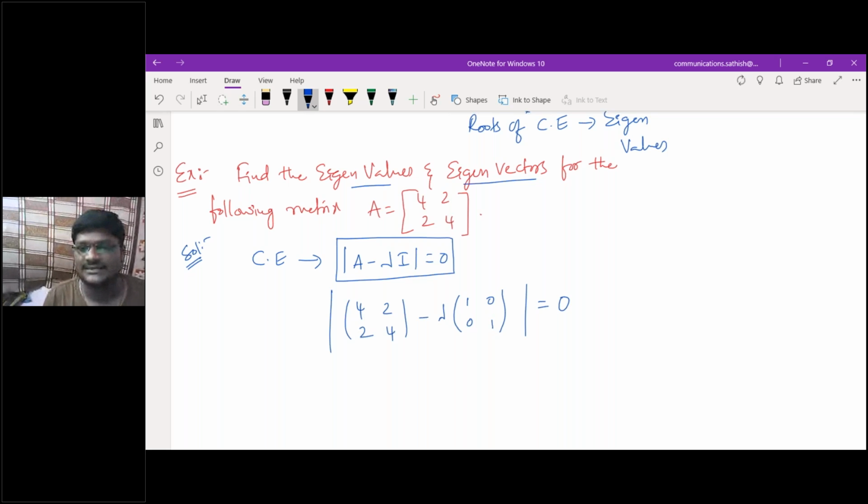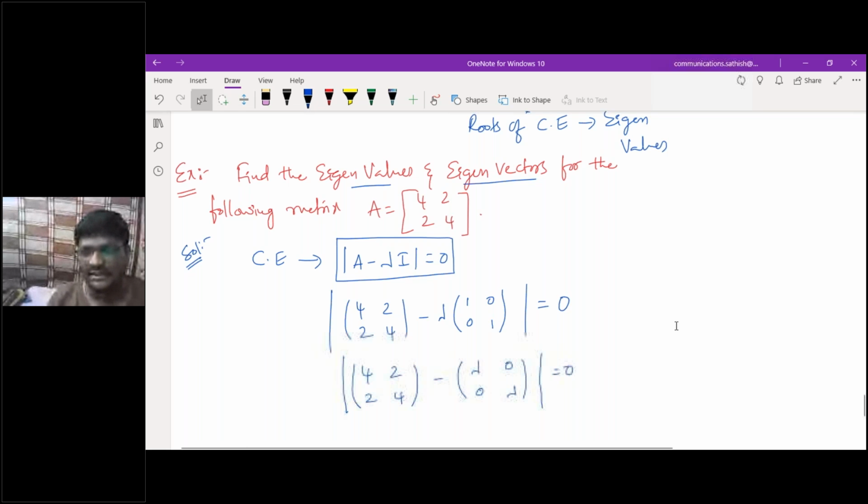Lambda times the identity gives lambda 0, 0 lambda. So 4 2 2 4 minus lambda 0 0 lambda.